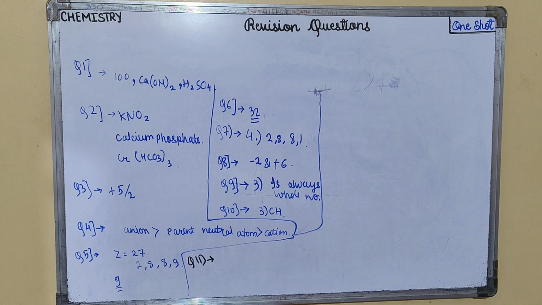Question number 11. Name the following. First, lanthanide contains 14 elements from.